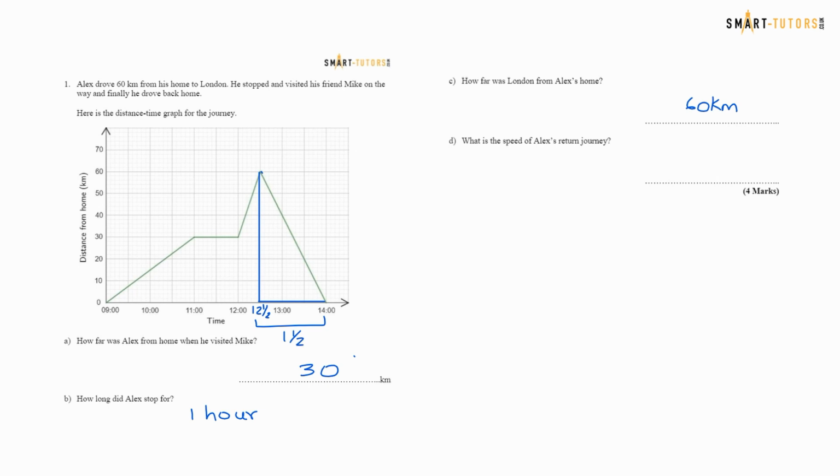And this is 60 kilometers. The speed equals distance over time. So distance 60 over 1.5, which is 600 over 15, which is 40. So 40 kilometers per hour.